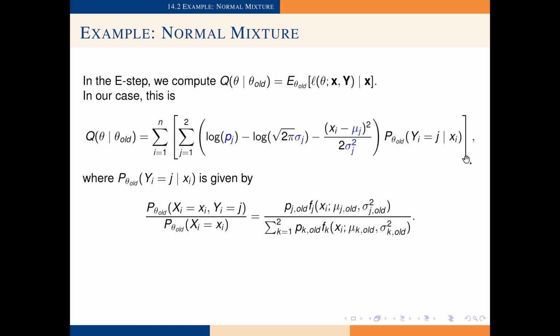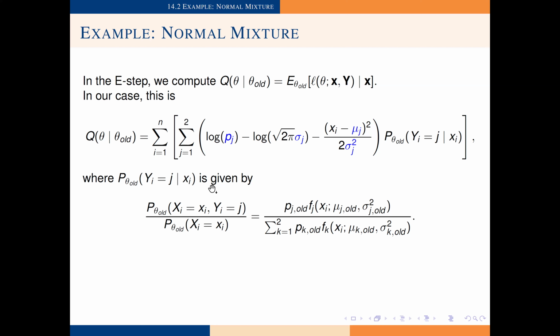So this latter term is essentially given the observed data xi, as well as the theta estimates, the p and the mu and sigma from the last iteration, what is the conditional probability that yi, the class membership for the ith observation, is equal to j, where j is either 1 or 2, right?